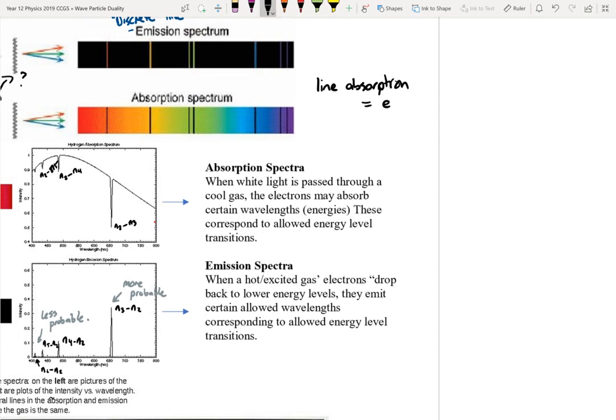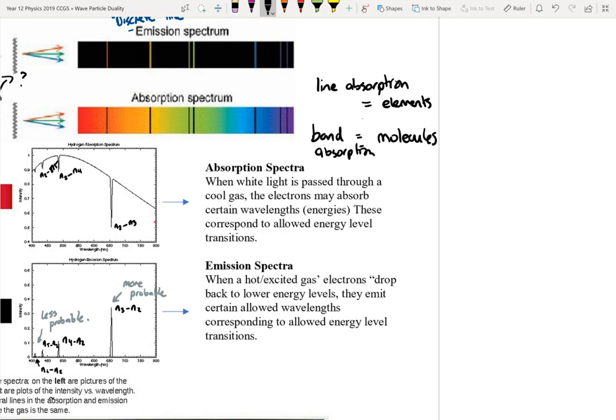Line absorption is typically elements. Band absorption, or broad band, is typically molecules. Okay?